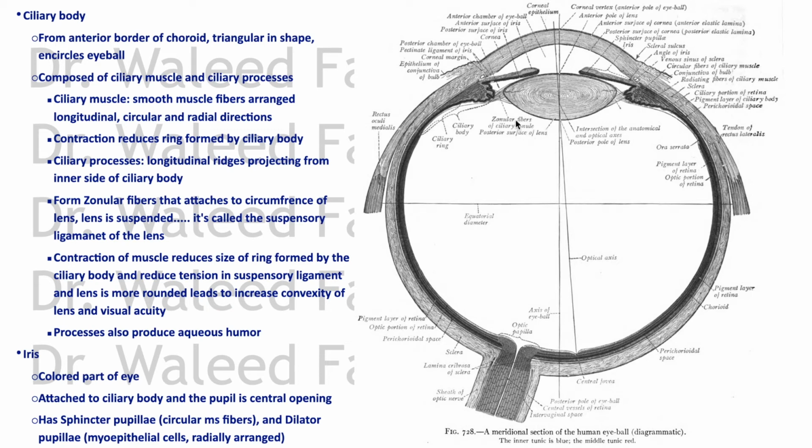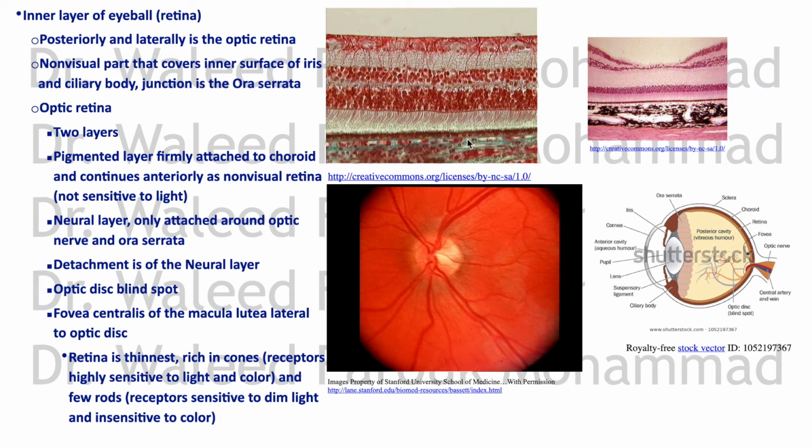Okay, so we've talked about the lens and the iris. The inner layer of the eyeball is the retina, and posteriorly the retina is classified into two parts: a non-visual retina that is a continuation of the pigment layer of the retina and lines the ciliary body, the ciliary muscle, and its processes.